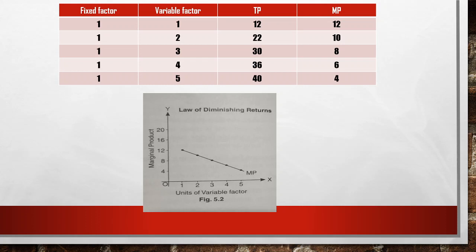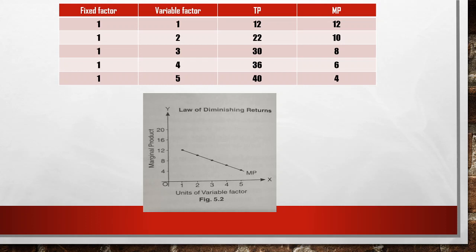TP: first it is 12, then it increases to 22, then to 30, then to 36, then to 40. MP for the first unit is 12, and we can derive the MP from TP. So 22 minus 12 is 10, 30 minus 22 is 8, 36 minus 30 is 6, and 40 minus 36 is 4.